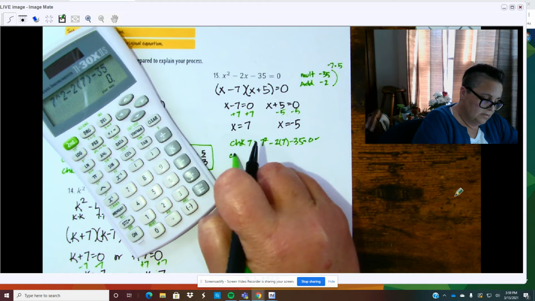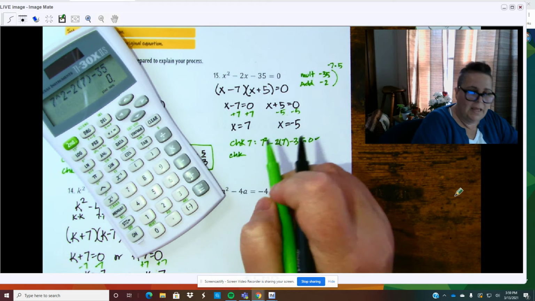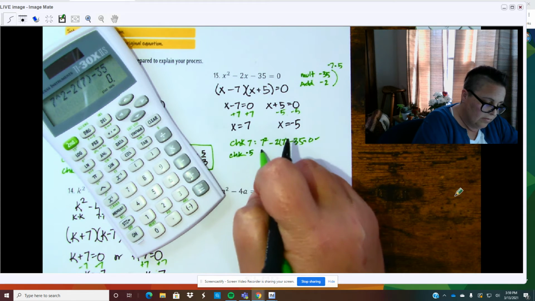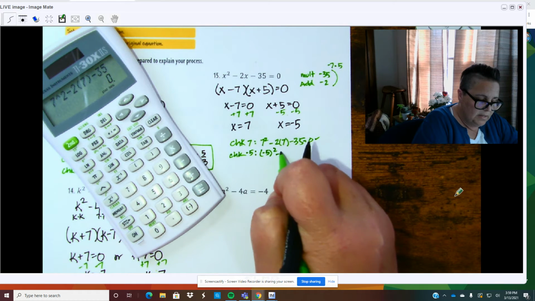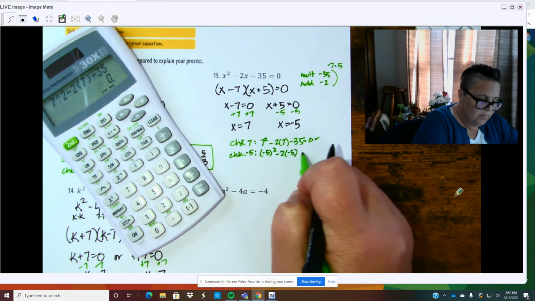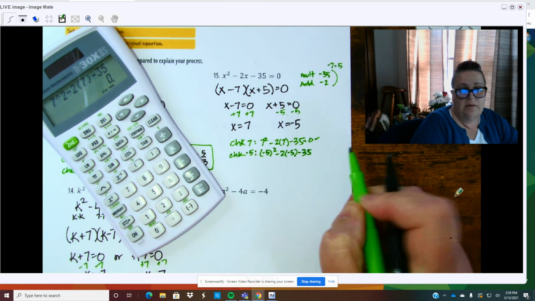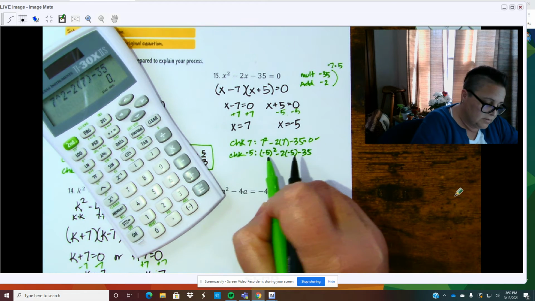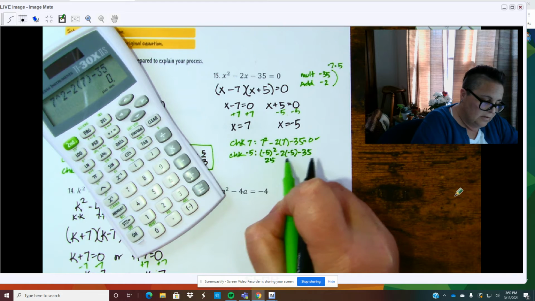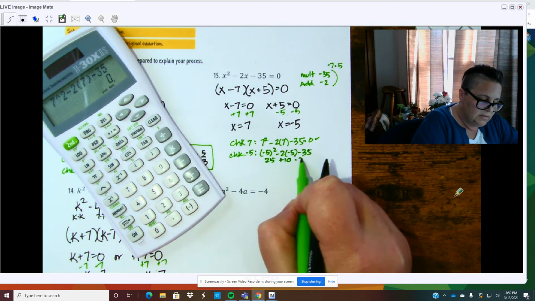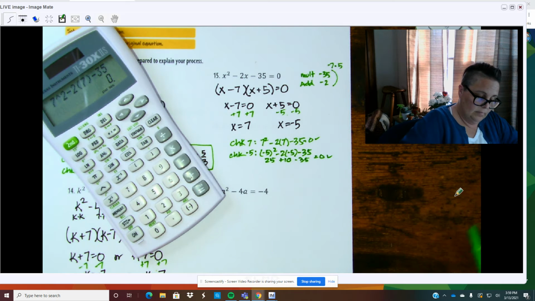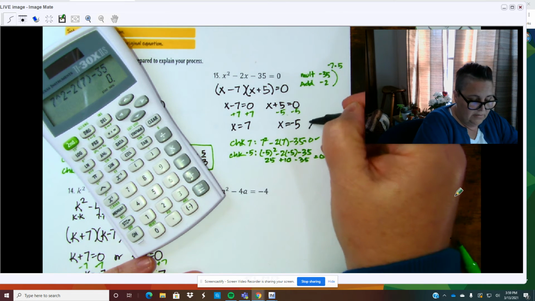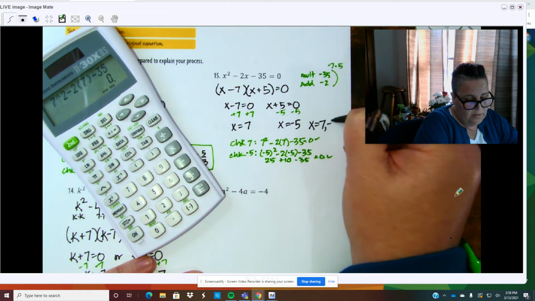And I want to also check my answer of a -5. So that's going to be -5 squared minus 2 times -5 minus 35. I'm going to do this one by hand. -5 squared is 25. Minus a -2 gives plus 10, minus 35. Yep, that zeroes out. So my answer here is that x could be 7 or a -5.